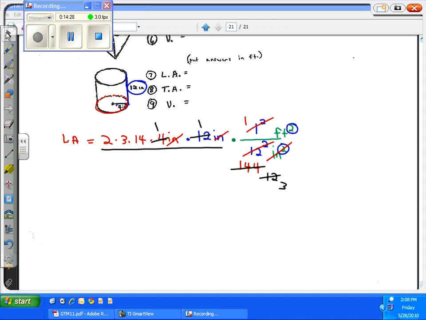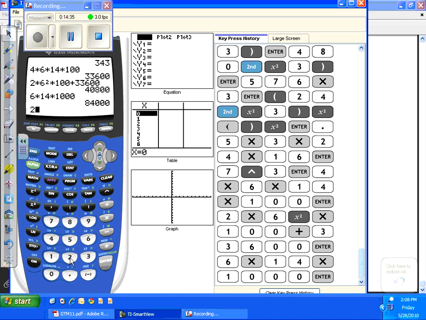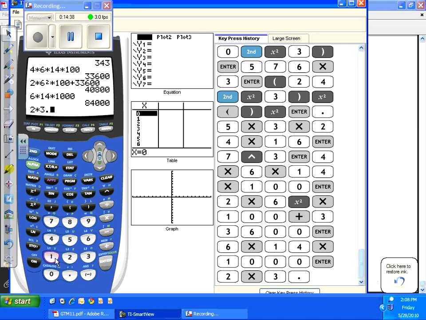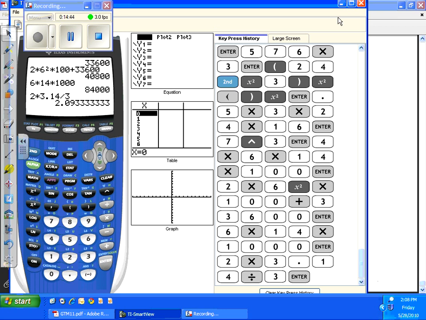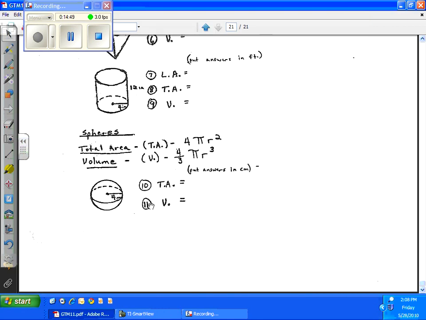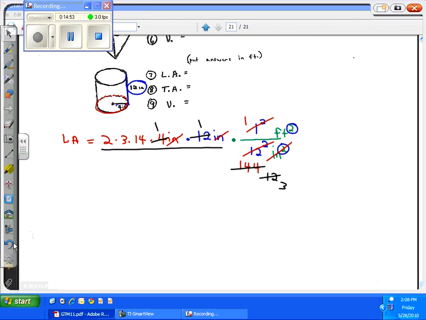So we get 2 times 3.14 divided by 3 after all that cross reducing. 2 times 3.14 divided by 3 is 2.093 repeating. Just round to 2.093 feet.